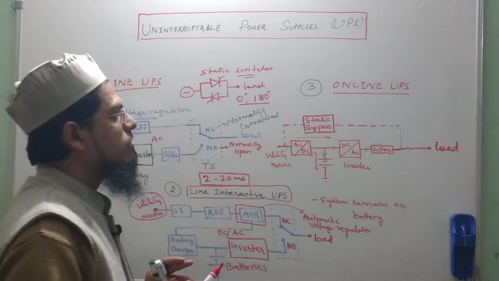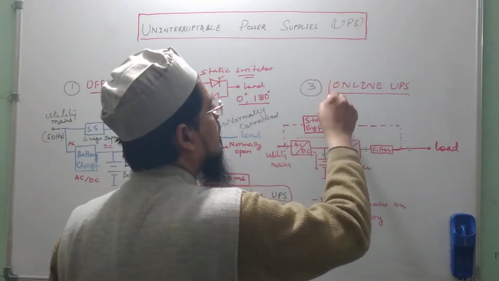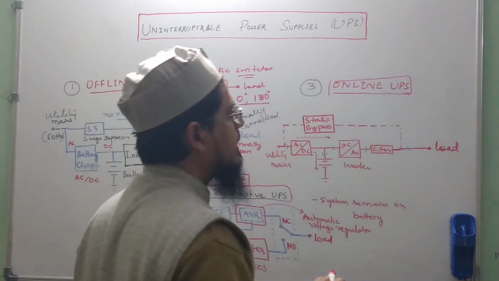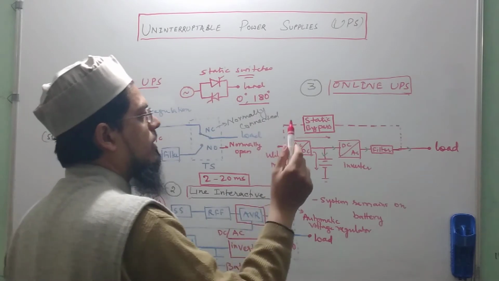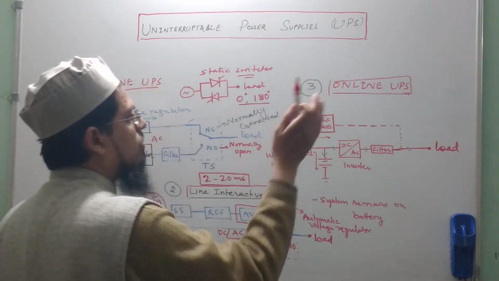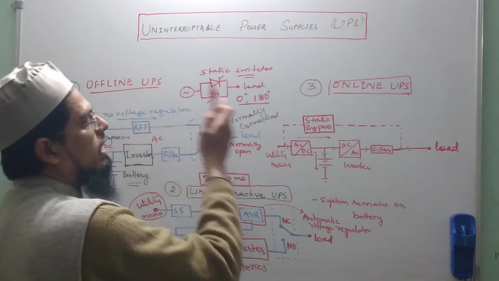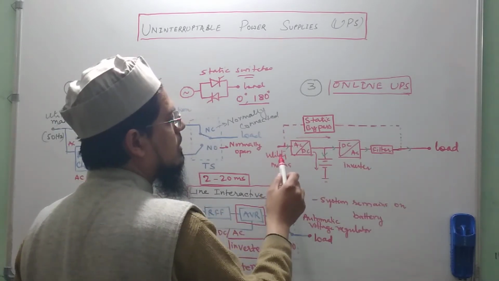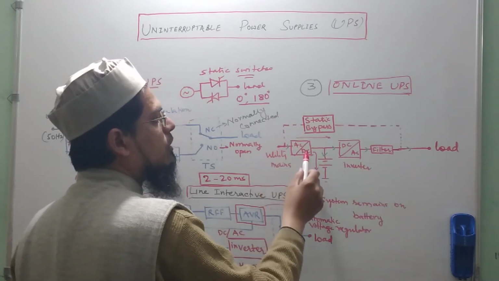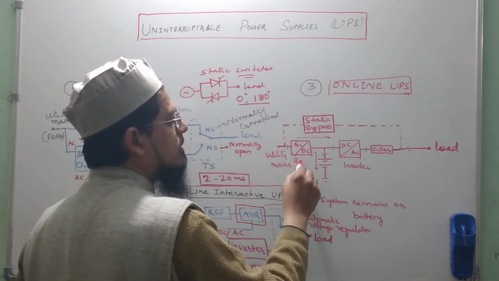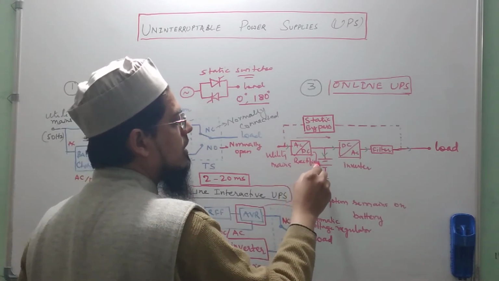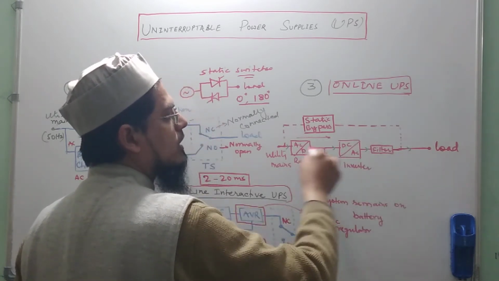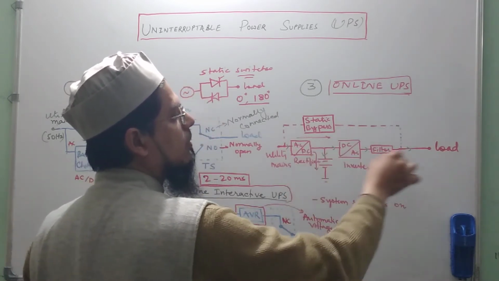The third type of UPS is called the online UPS. The basic difference between this online UPS and the offline UPS is that now the load is getting power from the utility mains by way of this rectifier and inverter, and then through a filter. So this line is in operation all the time.